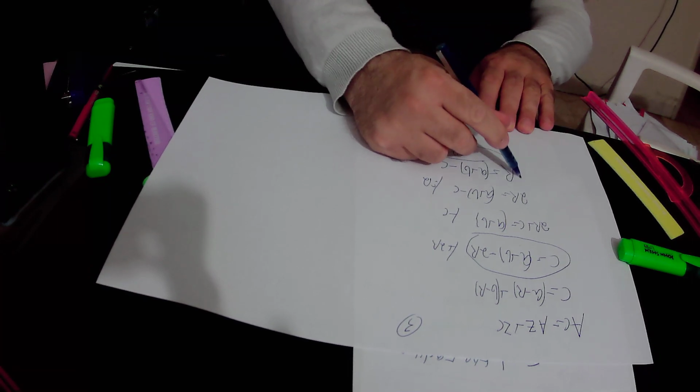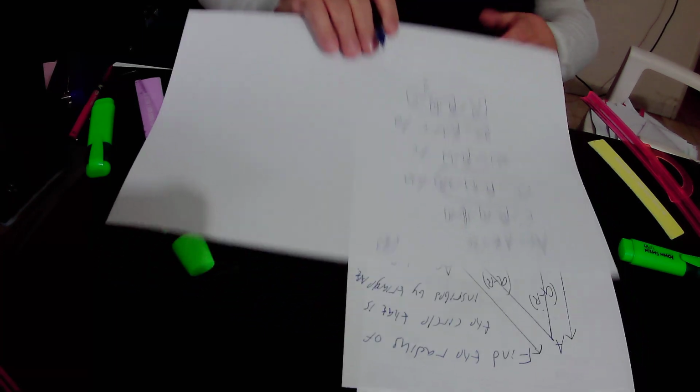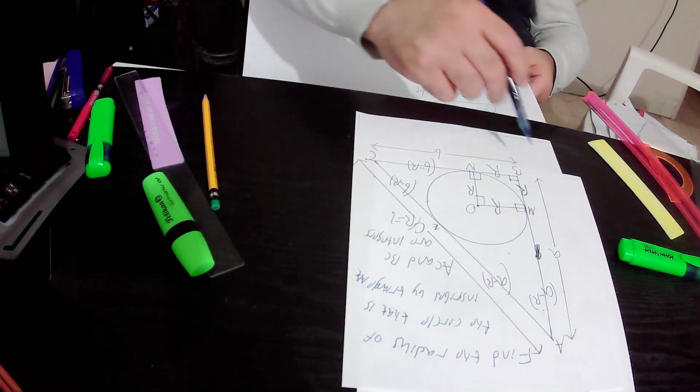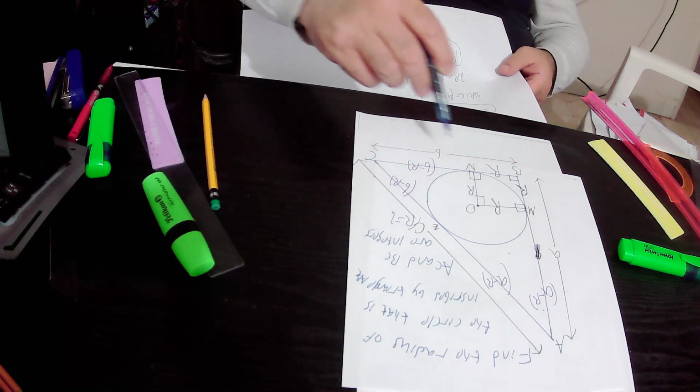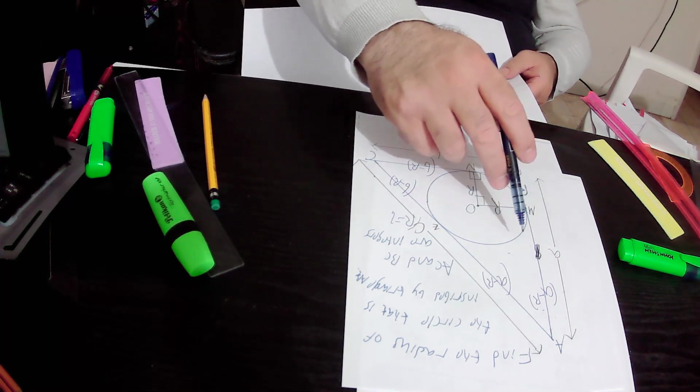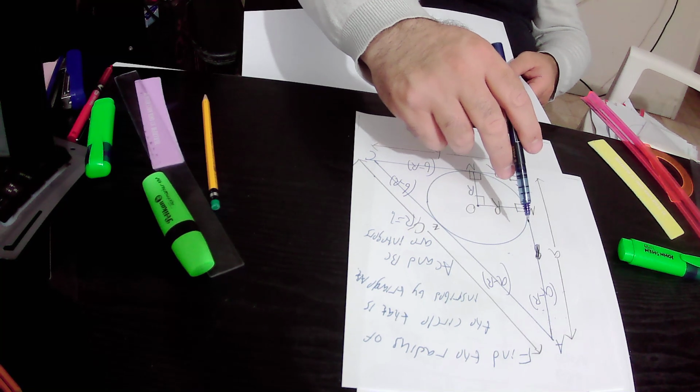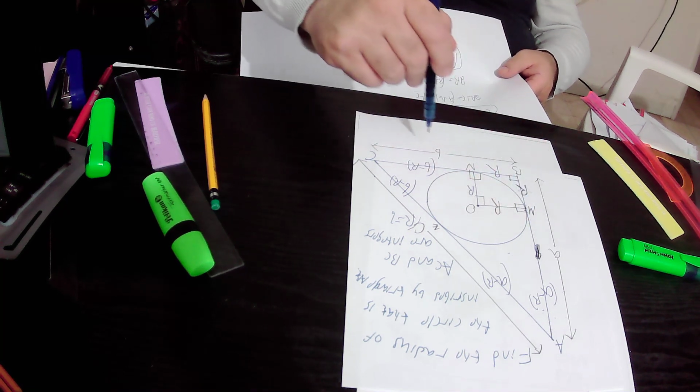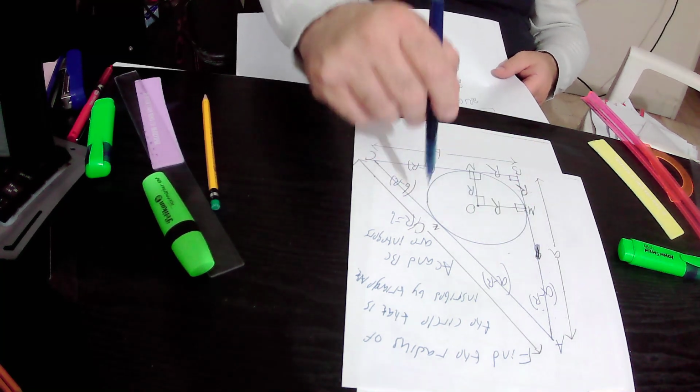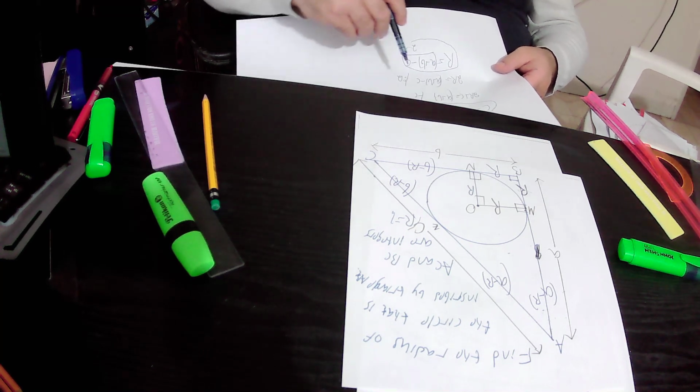I'll repeat: the radius of this inscribed circle equals A plus B minus C over 2.